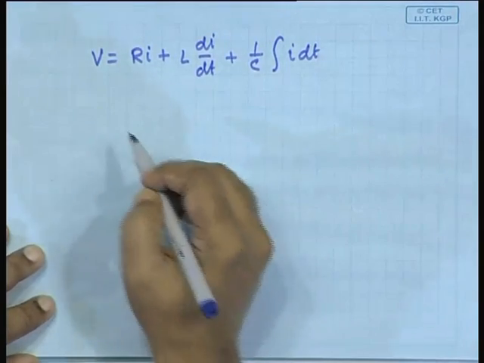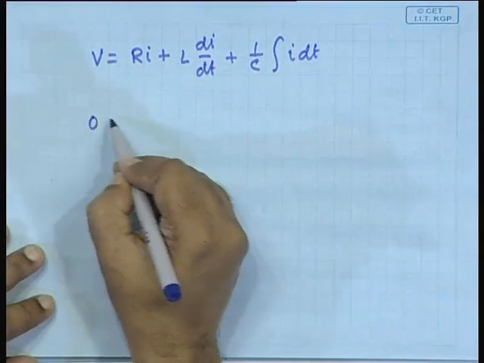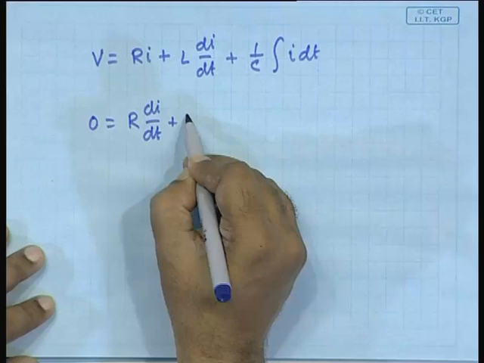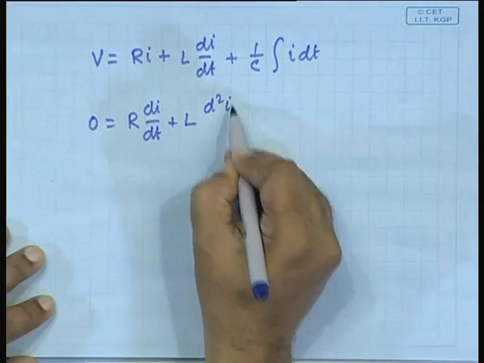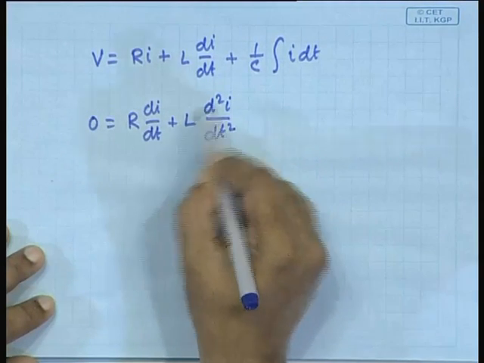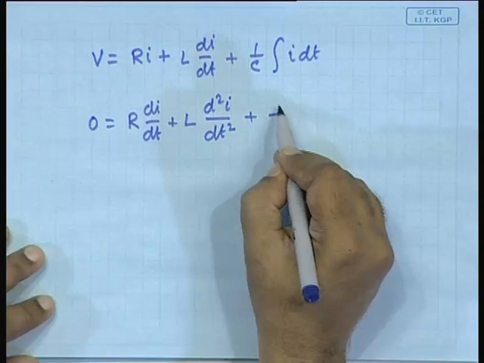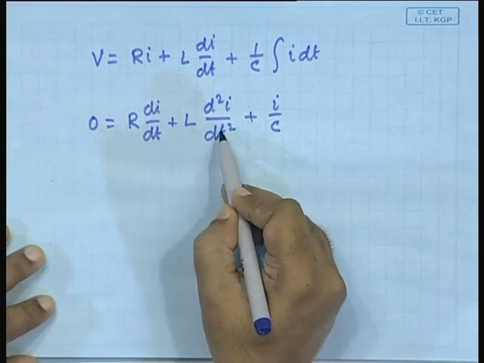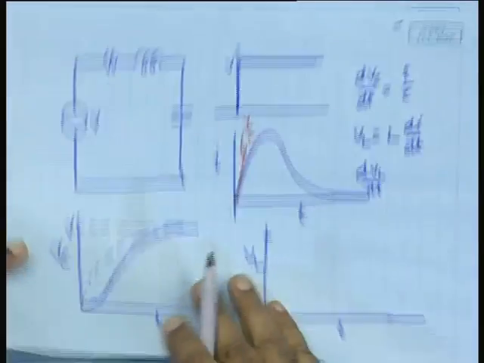And we had integrated it or differentiated it to get 0 is equal to R di dt plus L d2, here it is, plus I by C. So, if you are talking about this term, we are essentially talking about this term.